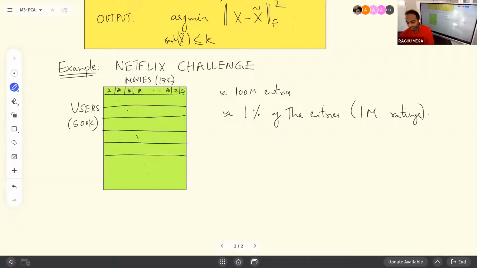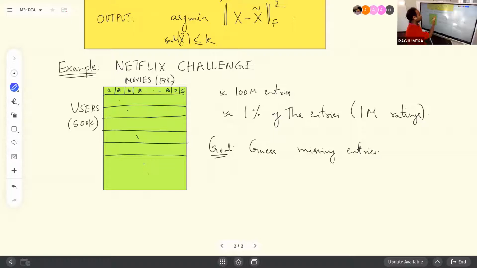Then they set up a server where you can submit your submissions. Your submission is basically some way to fill out these missing entries. So the goal was to guess the missing entries, to minimize the squared loss.